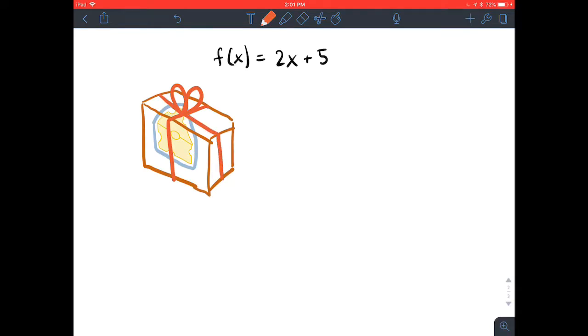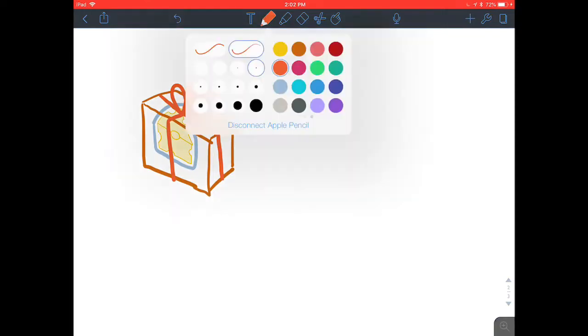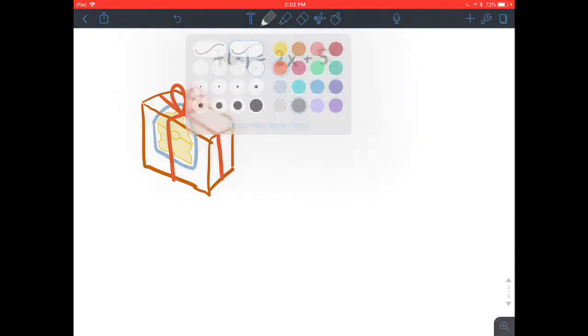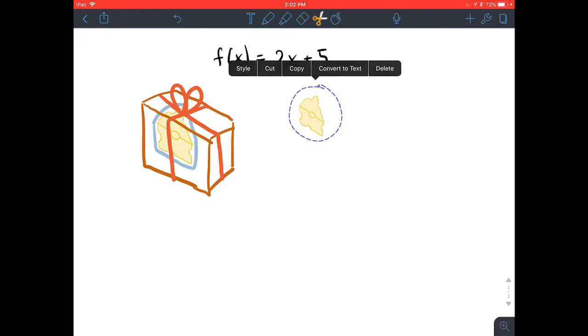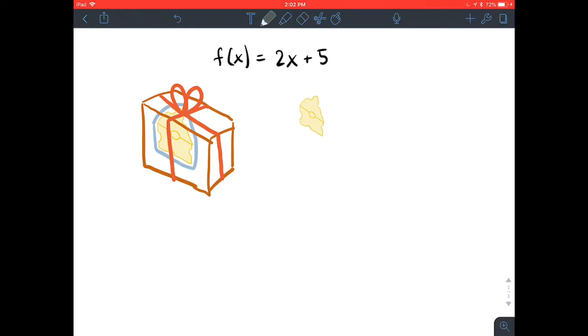Okay, now let's say you give your cheese to your friend. What steps do they have to go through to get the cheese? So let's first look at what you did. You had your cheese. And first, if we're thinking of this as the input to a function, the first function would be wrapping.